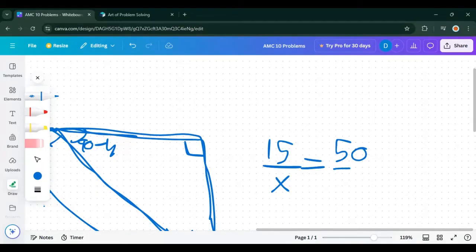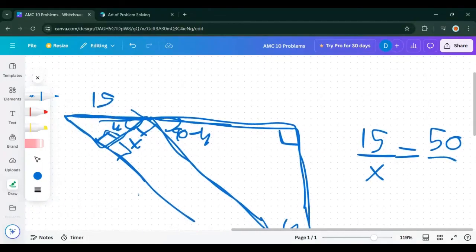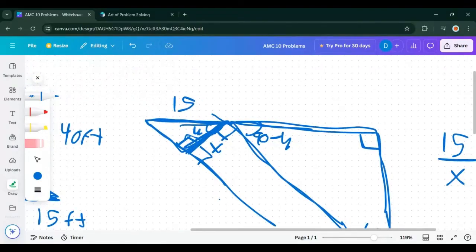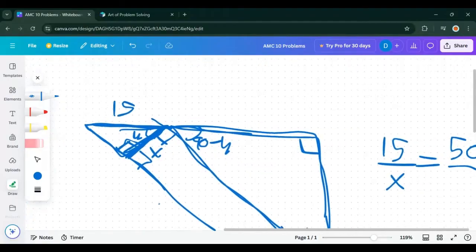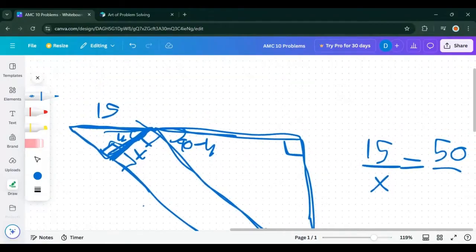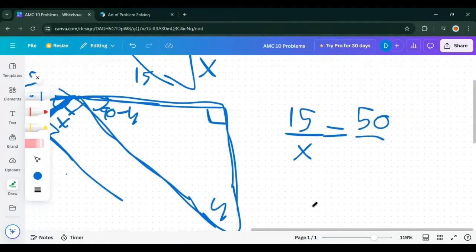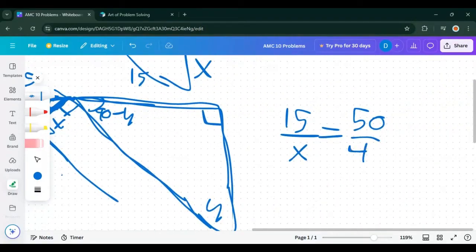And then right here, this is the most important part. As we see here, this is X. We have to find the side corresponding to X. You can paint a picture in your mind. It's like this, X, 15. No, sorry, not 15. 15 on the hypotenuse. We know that X is equal to 40. That's how you write the ratio.